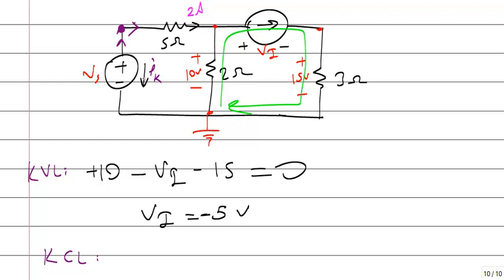This current is coming, IK is downwards. What is the current upwards? Minus IK. This is the coming current, equal to the exiting current, 2 amps. So IK is minus 2 amps.